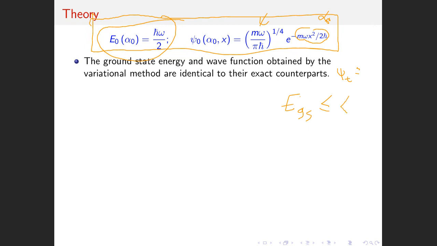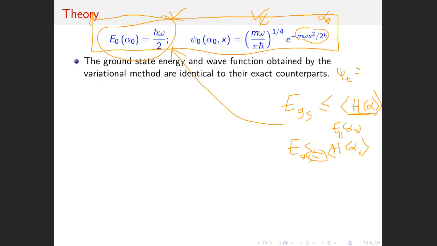You just guessed that, and then you ended up with some function h of alpha, and you minimize this, and then you found that EGS at best has to be this alpha 0. And once you solve that, you found that it actually saturates. So the trick is to find the best trial wave function, and if you choose it very cleverly, you might actually reproduce the exact ground state.